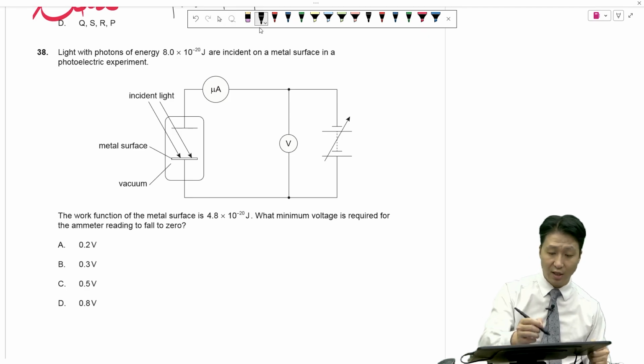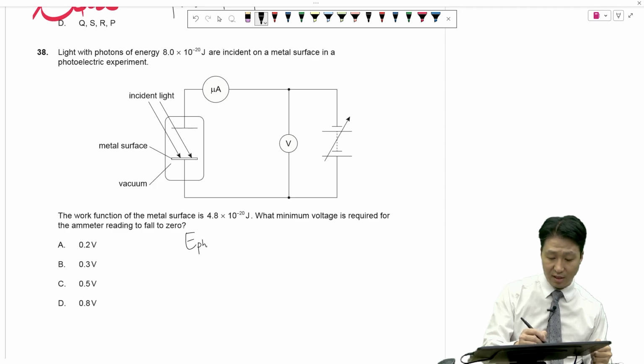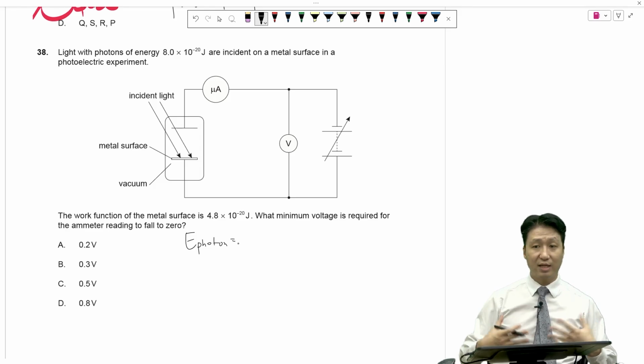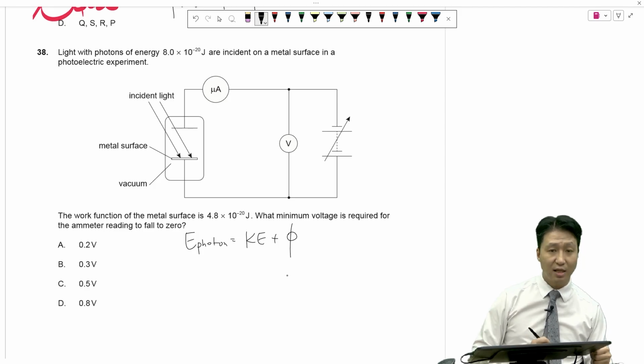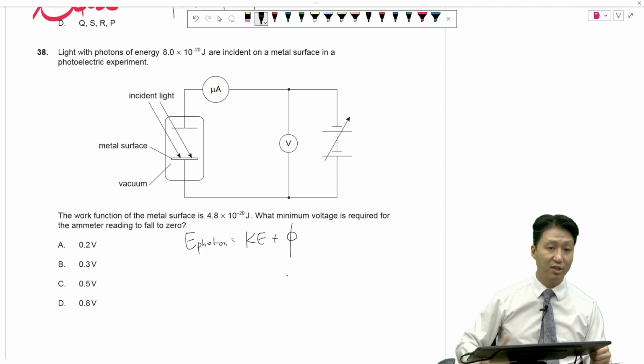Okay, so the photon energy, so let's go E, energy of the photon. This is the total energy that can be given to the electron and gets divided into two things. It can become the kinetic energy, and some of it is used as energy required for the electron to escape, which is the work function.